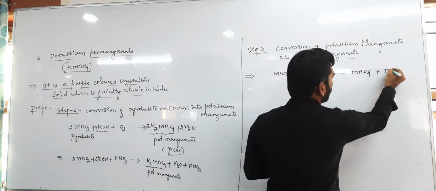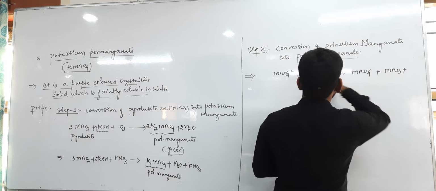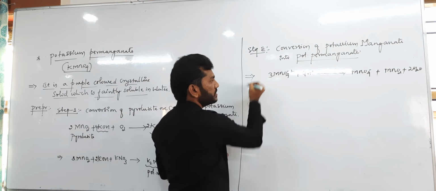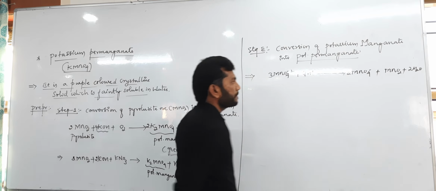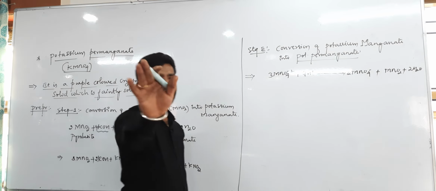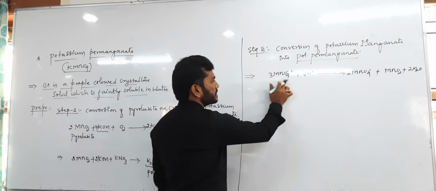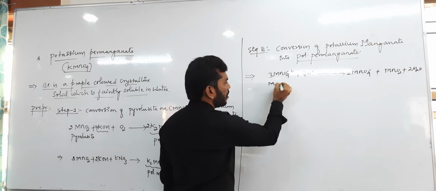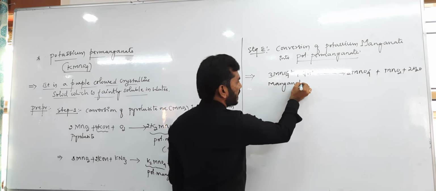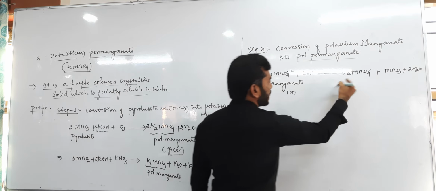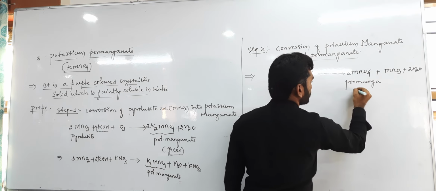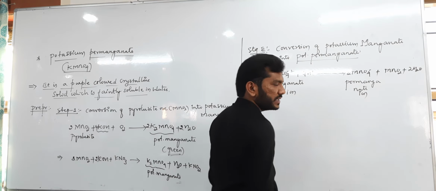If I take 3 moles, you just think of the manganese here, in potassium manganate, the manganate ion, which becomes the permanganate ion, and manganese dioxide, of course.